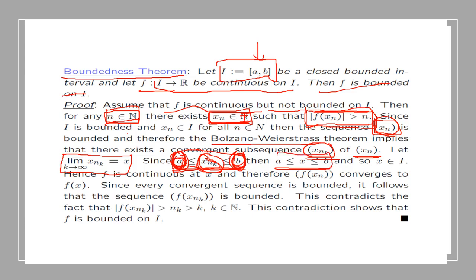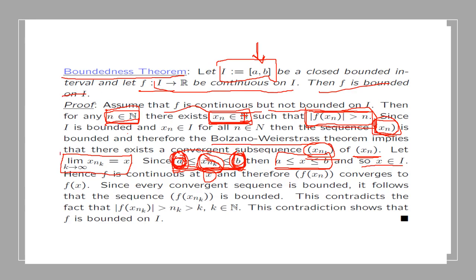Since x lies between a and b, that means x belongs to I, because I is simply the interval [a, b]. And since x belongs to I, and f is continuous on I, then f is continuous at x.